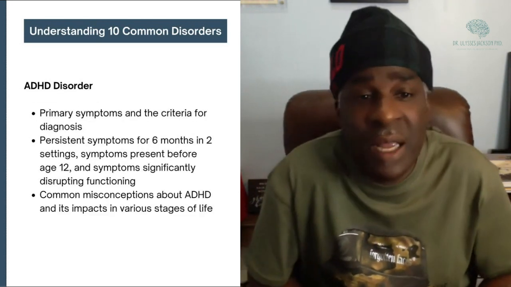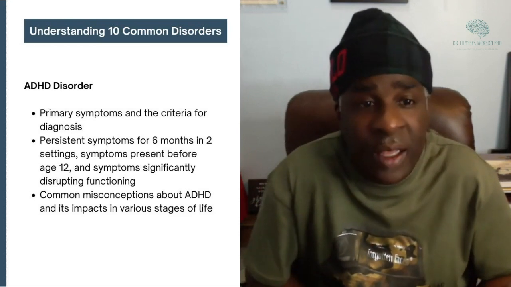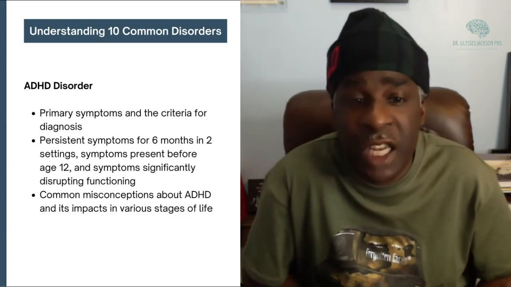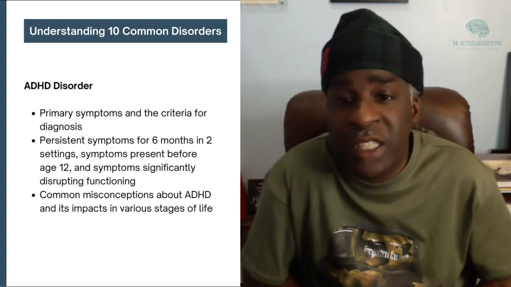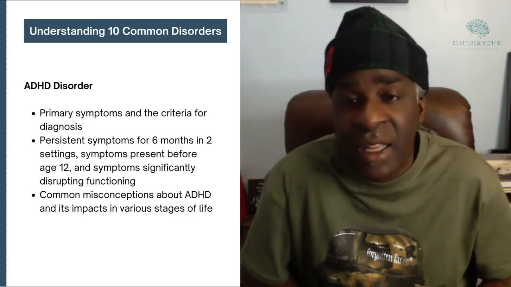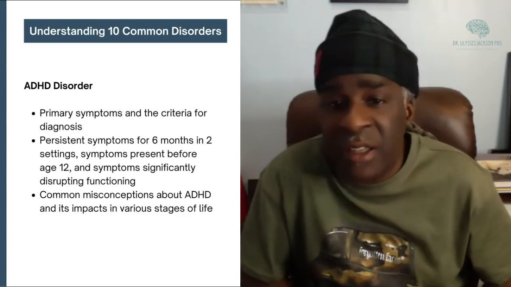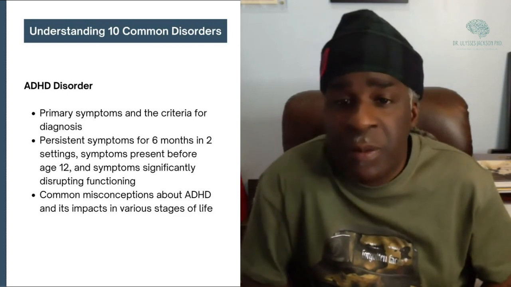The primary symptoms and the criteria to diagnose ADHD, it has to last for 6 months in 2 different settings. So the kids that say they got ADHD, understand that the doctor or the practitioner is going to look for, well, how long has he or she been displaying this behavior?